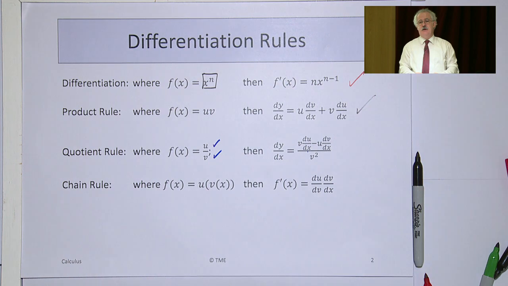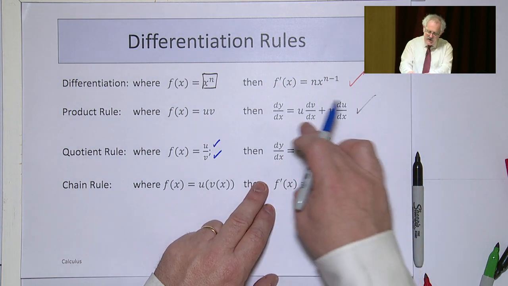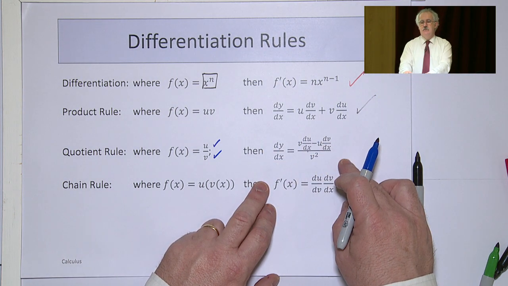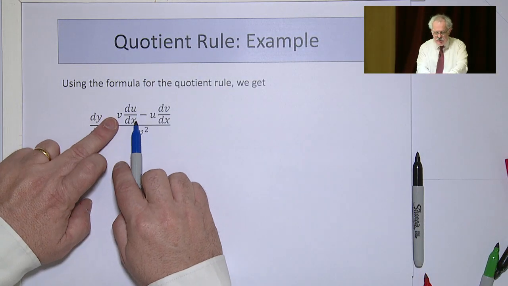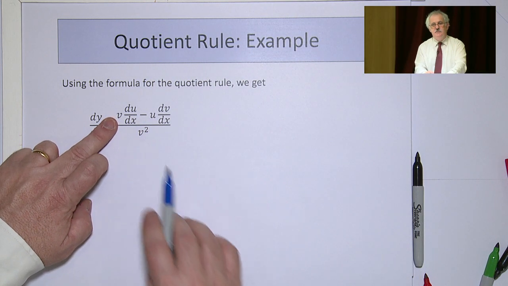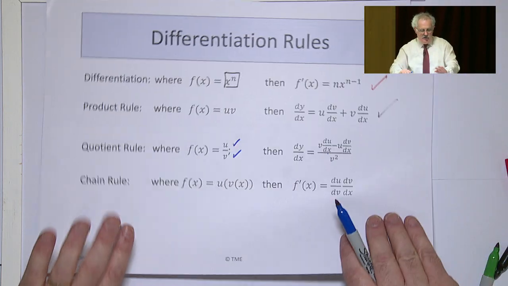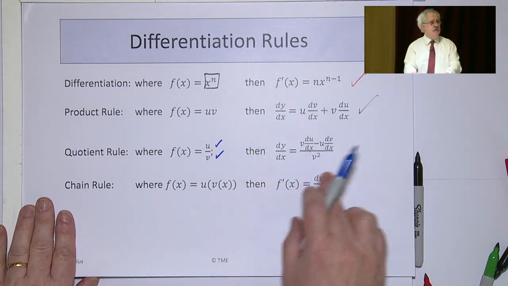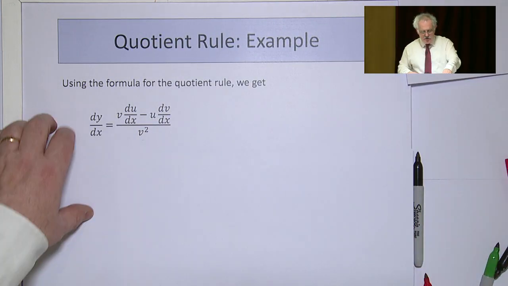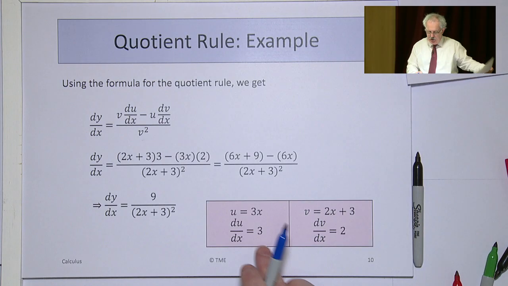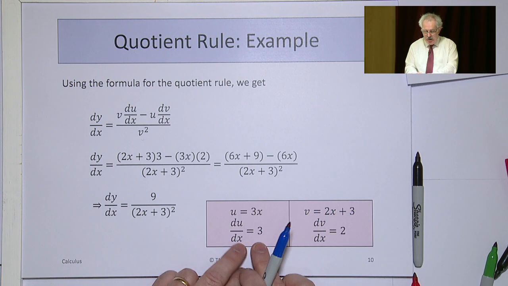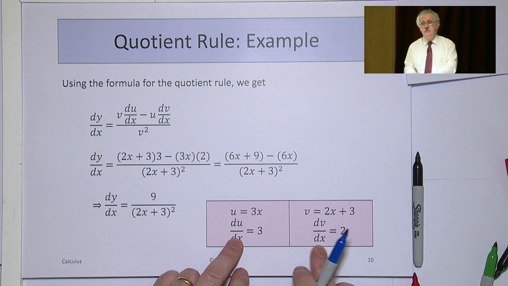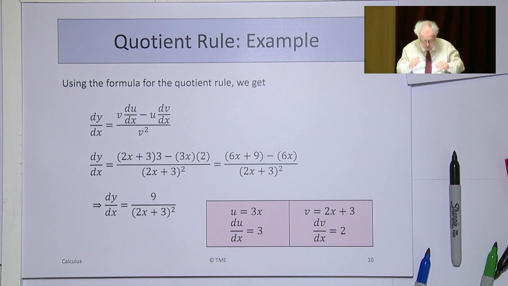Fine, I'm going to use that method. So I have to now fill in answers for all of this stuff. So it's v du dx minus u dv dx over v squared. I've transcribed it from the tables in the exam that I have. And now that I've mapped out what the u and the v values are, and du dx and so on, now it's just concentrate.